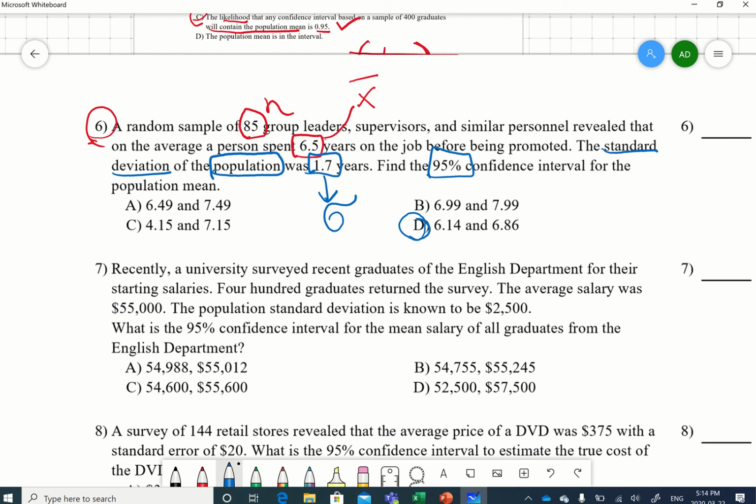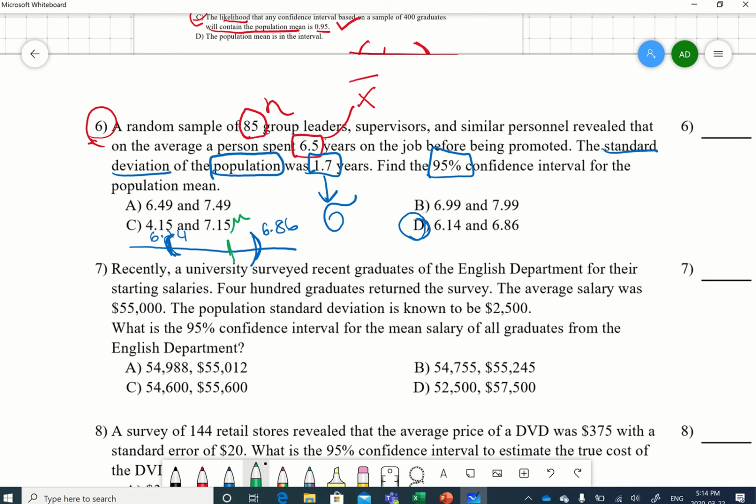Okay, so the confidence interval, if I sketch it, this lower limit is 6.14, upper limit is 6.86, and somewhere in this range we have the actual population mean.